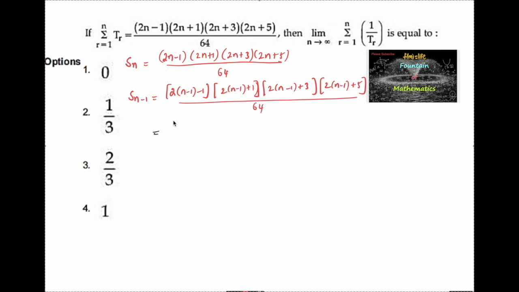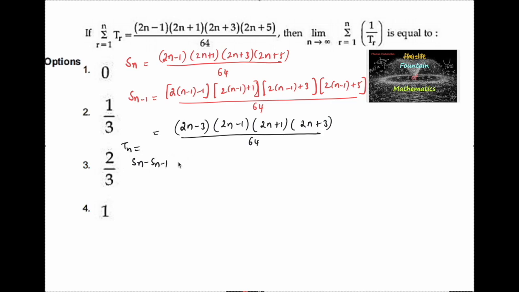So which is equal to, and here we can write 2 times of 2n minus 2 minus 1, that is 2n minus 3, and here 2n minus 2 plus 1 is 2n minus 1, and here 2n minus 2 plus 3, that is 2n plus 1, and here we can write 2n plus 3 divided by 64. So that we have Sn minus 1. Tn is equal to Sn minus Sn minus 1.